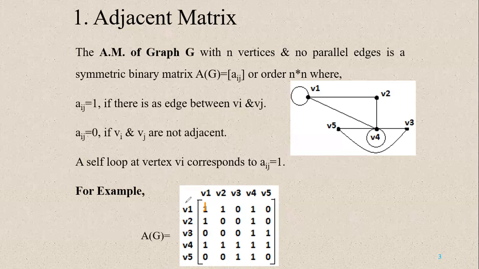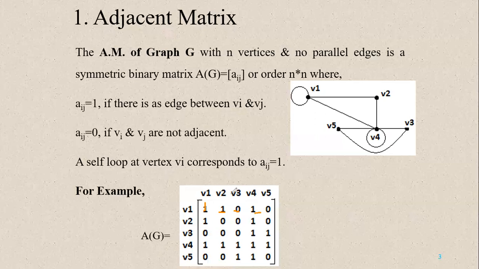Next, we fill in row wise. V1 to V2: V1 is directly adjacent to V2. Yes, therefore we write 1. Next, V1 to V3: is it directly adjacent? No, so we write 0. Next, V1 to V4: yes, directly adjacent, so 1.